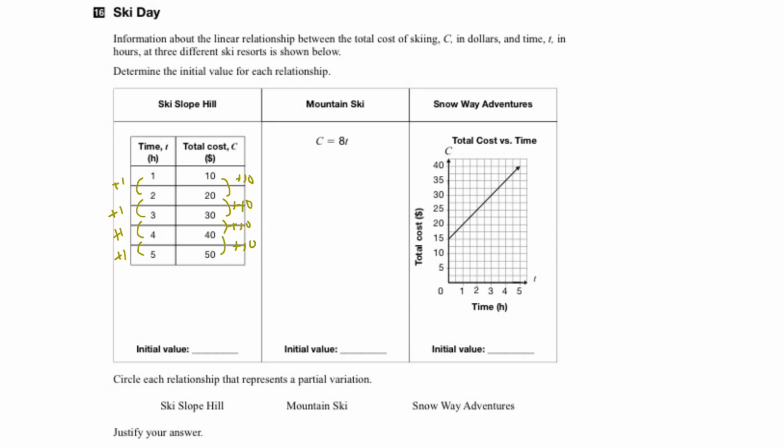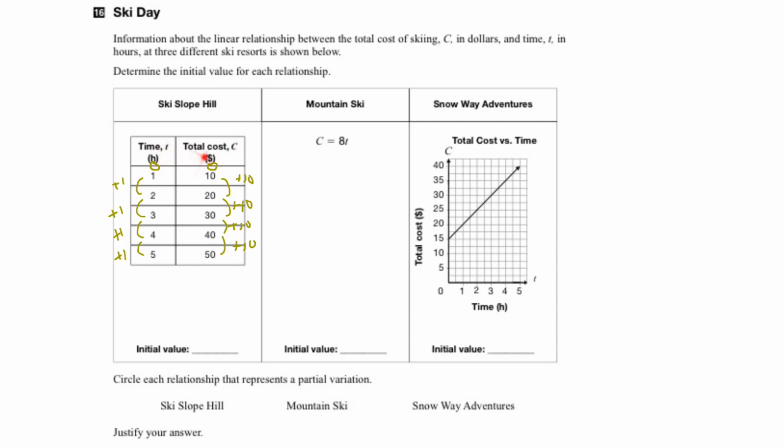Well, from this we can make some predictions. If it was 6 hours of skiing, if we went an extra hour, then we'd expect to pay $60. But let's go backwards. Let's say if we just didn't ski at all, if we started at 0 hours, what would the cost be? Well, we'd know that if we put in 0 hours here, the cost would be $0, because we know that the cost would go up by 10 each time.